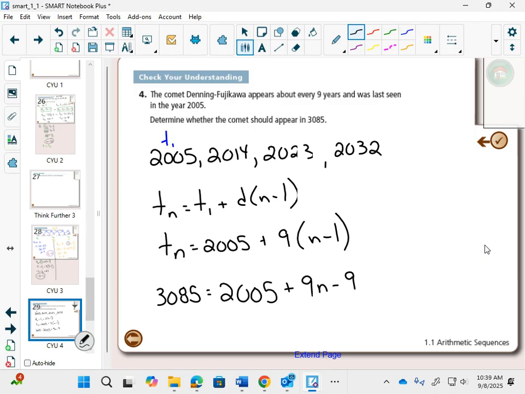So, let's go about solving this. We can put our like terms together. The numbers are bigger, so this is where they would allow you to use a calculator. If I move all the numbers to the left, you're going to get 1,089. So I subtracted 2005 and added the 9.